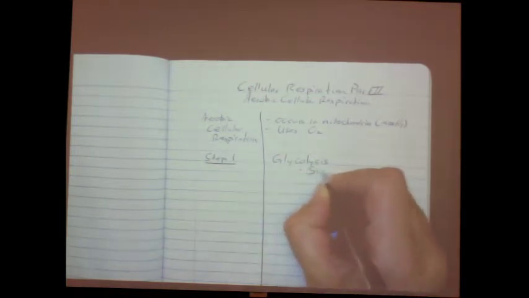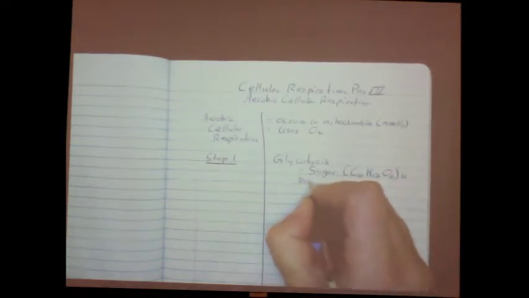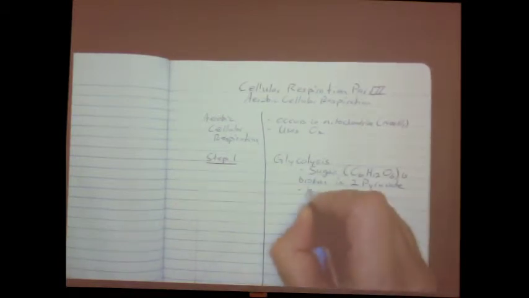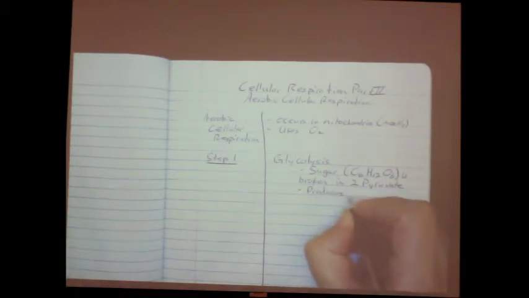In glycolysis, this is where the sugar, that is C6H12O6, is broken into 2 pyruvate molecules, also known as pyruvic acid. This particular process of glycolysis produces 2 molecules of ATP.